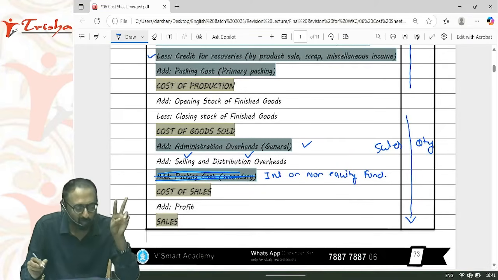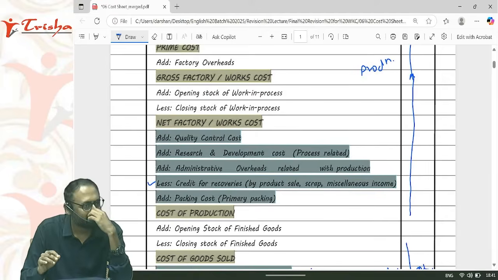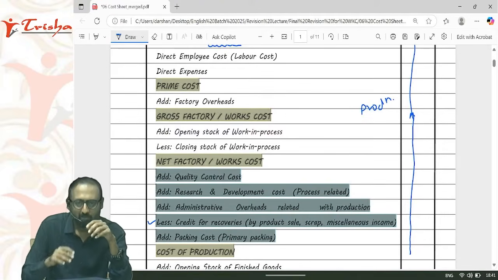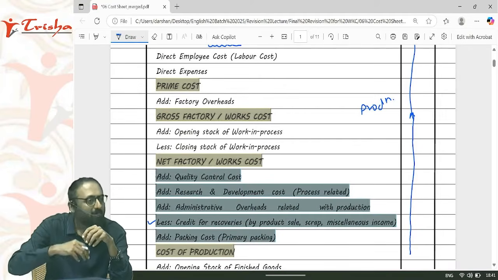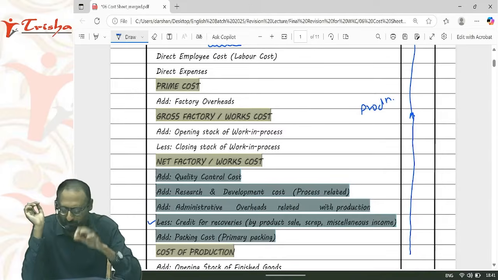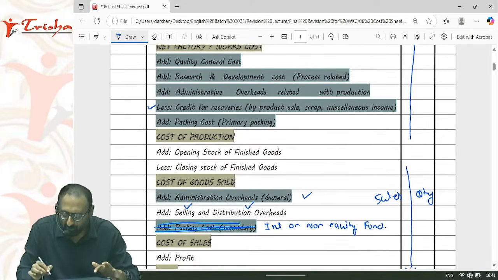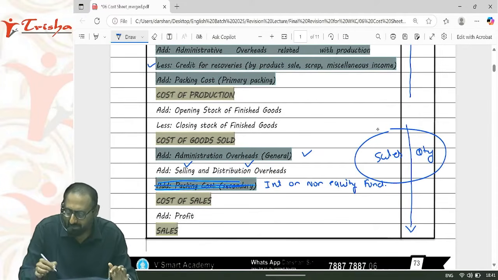If you want to prepare a per unit cost sheet, then each and every item, material consumed, direct wages, factory overhead, direct expenses, whatever item you are writing up to cost of production, you will divide by which quantity? Production quantity. After cost of production, you will divide by sales quantity.